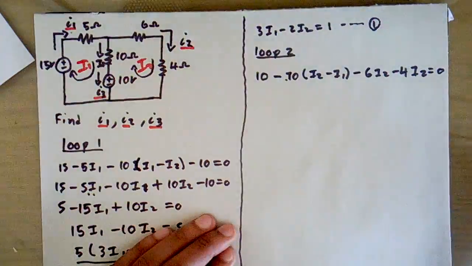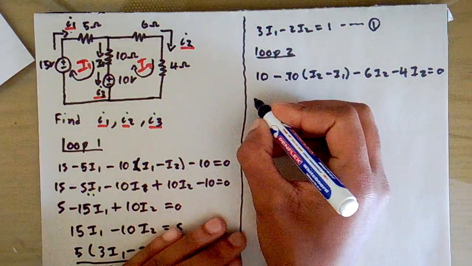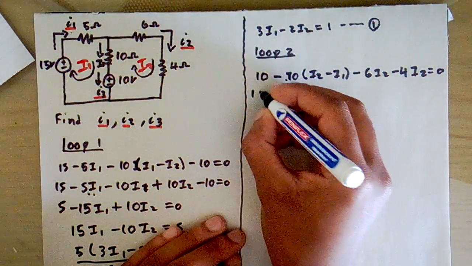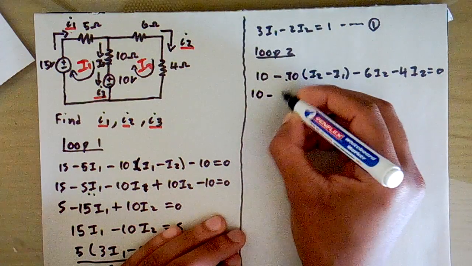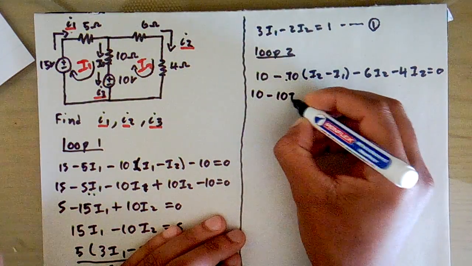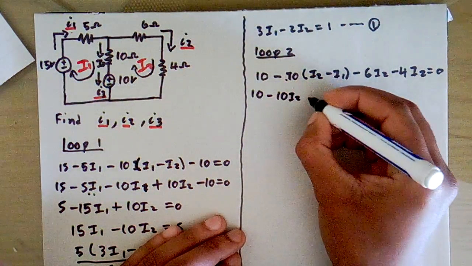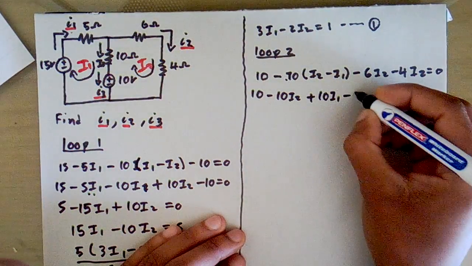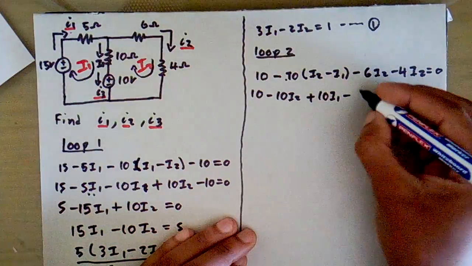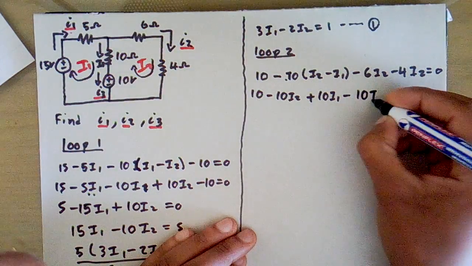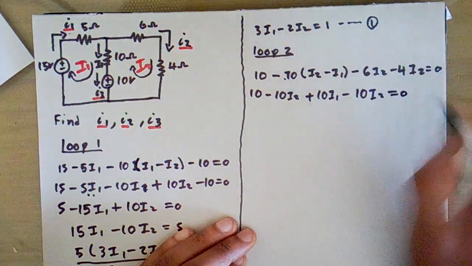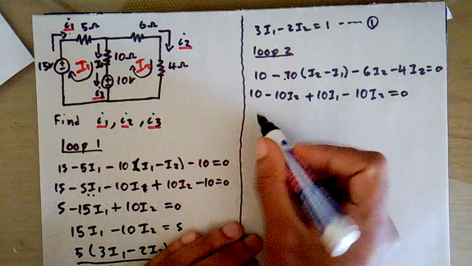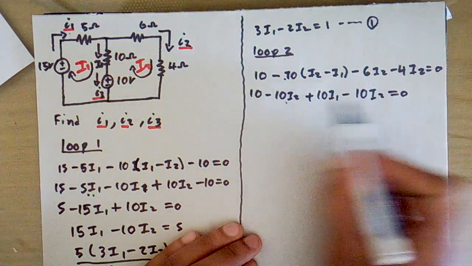So now let's just finalize this. This is 10 minus 10 I2 plus 10 I1 minus 6 I2 minus 4 I2, which gives negative 10 I2 equals 0. Now you can just add these terms.